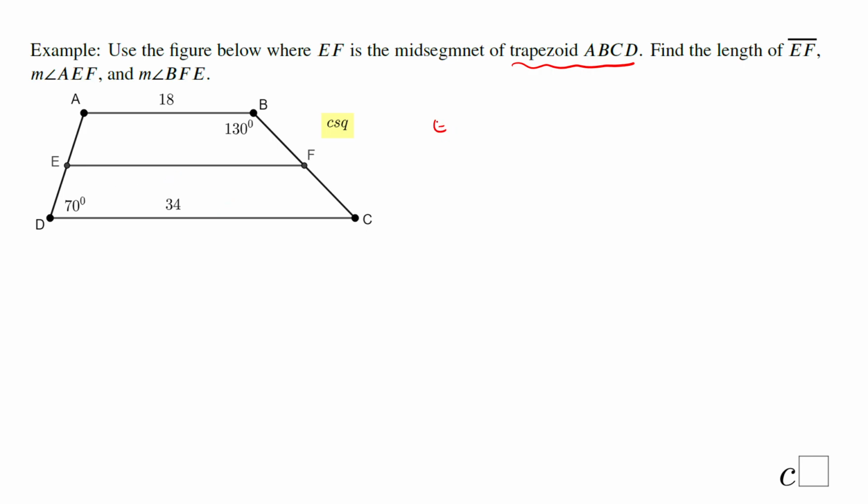So EF, since it's a mid-segment, is going to be the average of the bases, AB plus DC divided by 2, and that will be 18 plus 34 divided by 2. That will be 52 divided by 2.